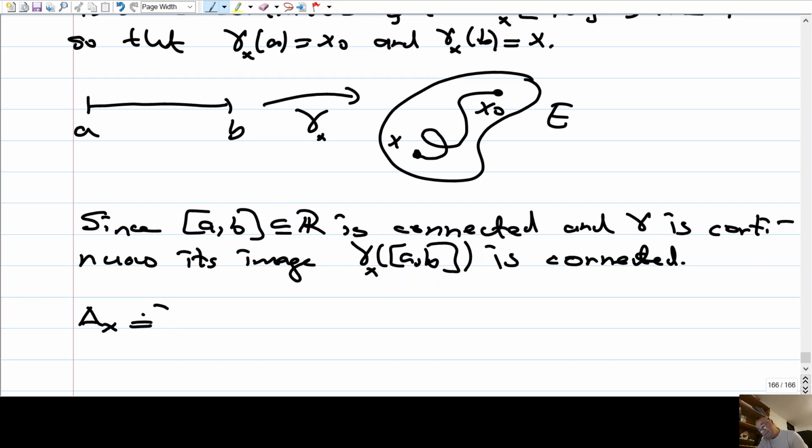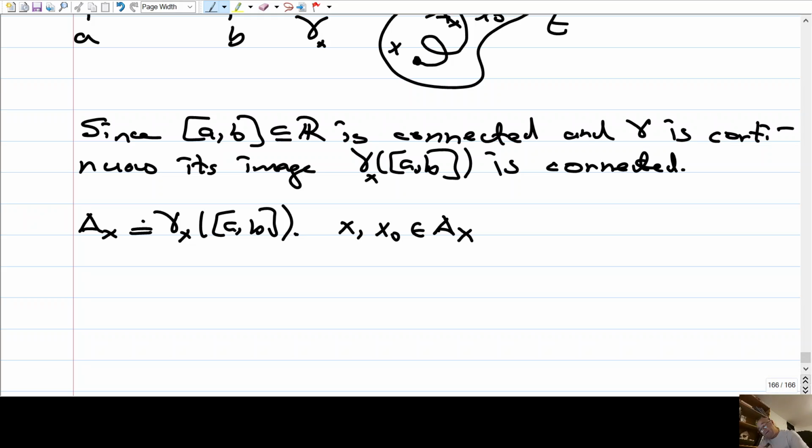So I define this set ax. Clearly, both x and x0 belong to this set, right? Because they are just the endpoints. So ax is the subset, the image of the path. The path is the function; its image is the subset ax.